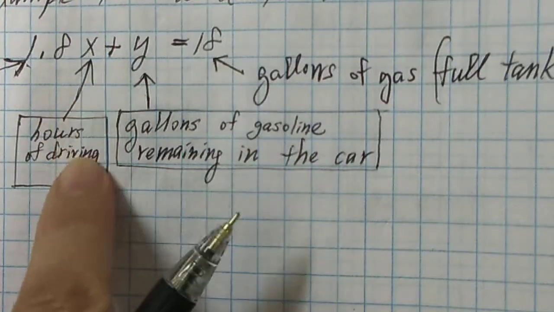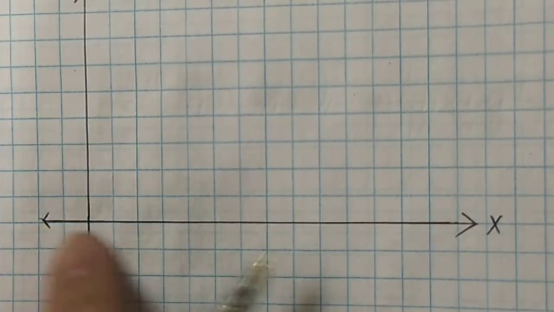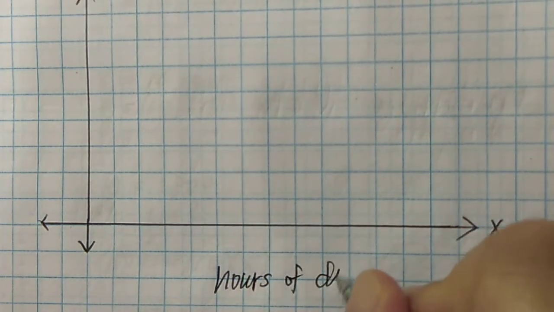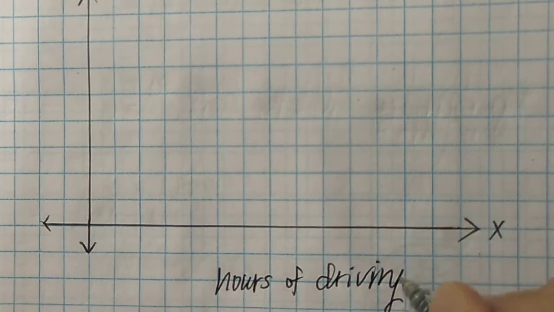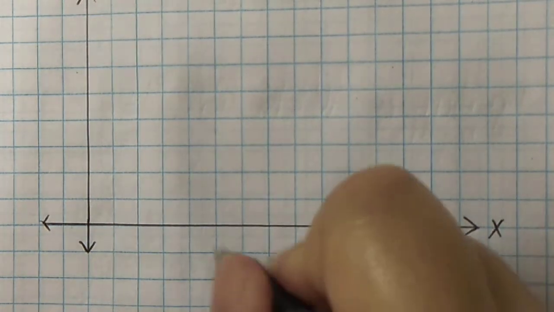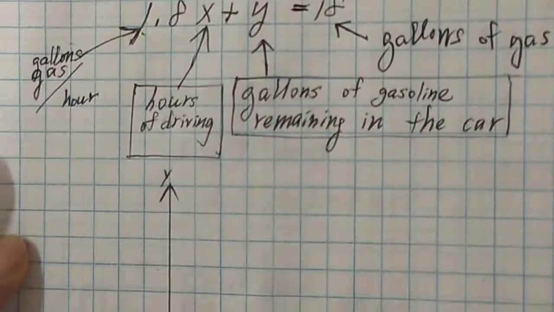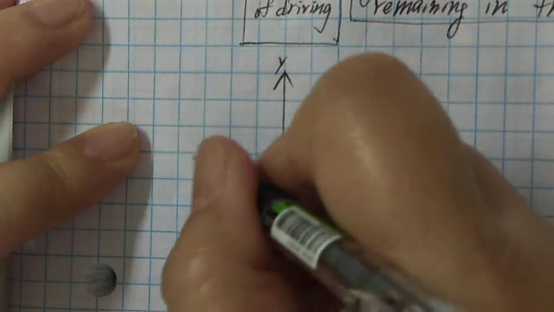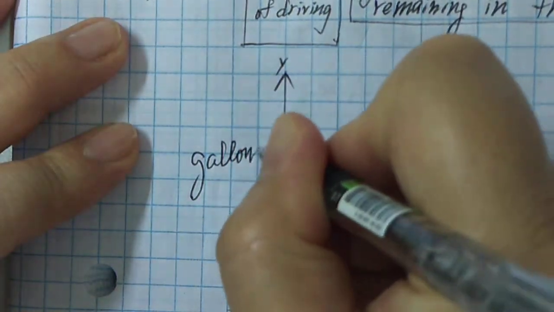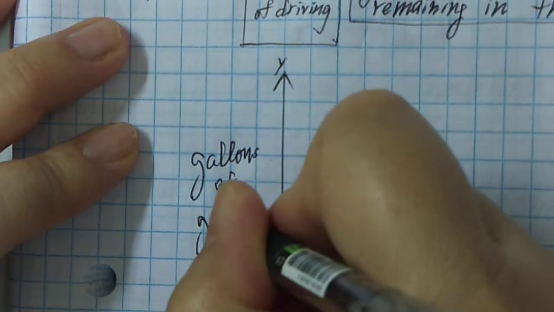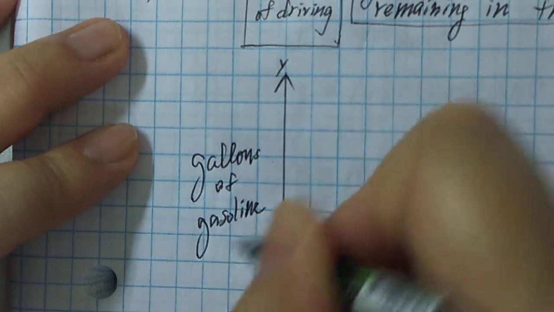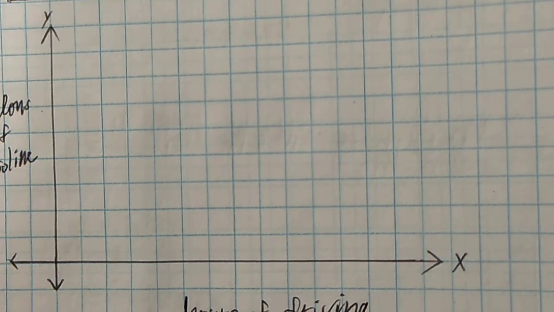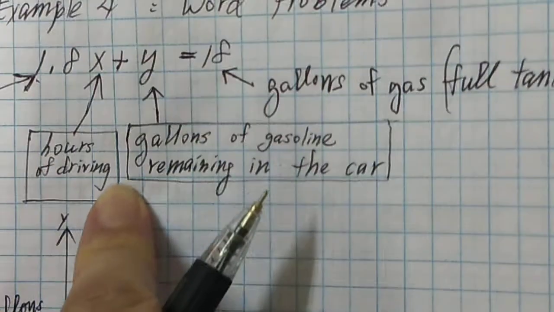So x stands for hours of driving, and y stands for gallons of gas. And we're now going to figure out the x and y intercepts.